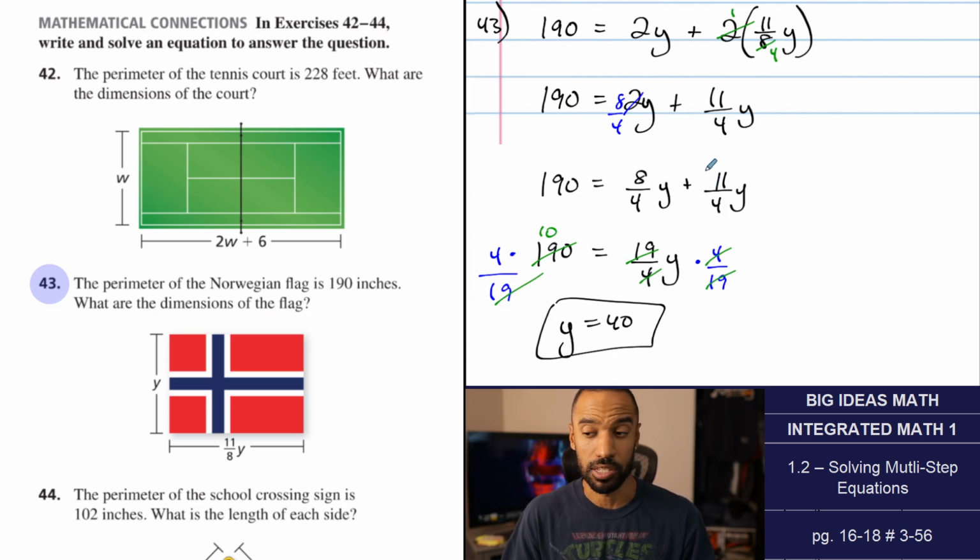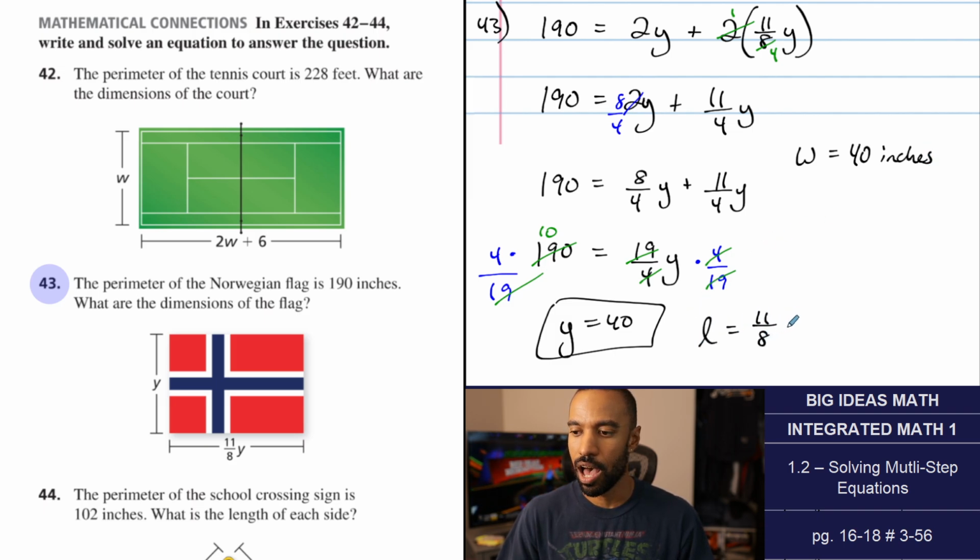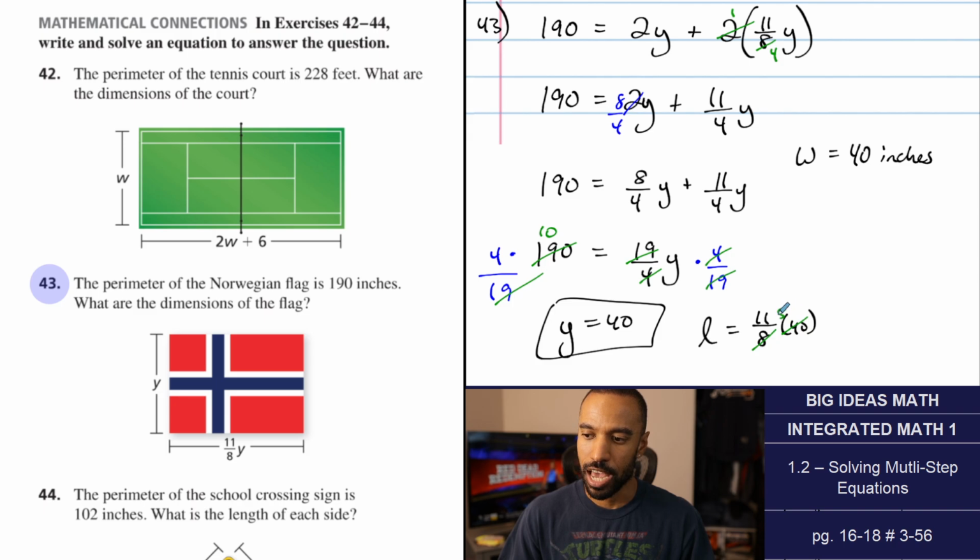I guess y represents the width because it must be smaller than length. So the width is 40 inches. Now the length is 11/8 of the 40. 40 divided by 8 is 5. 5 times 11 is 55. So the length is 55 inches.